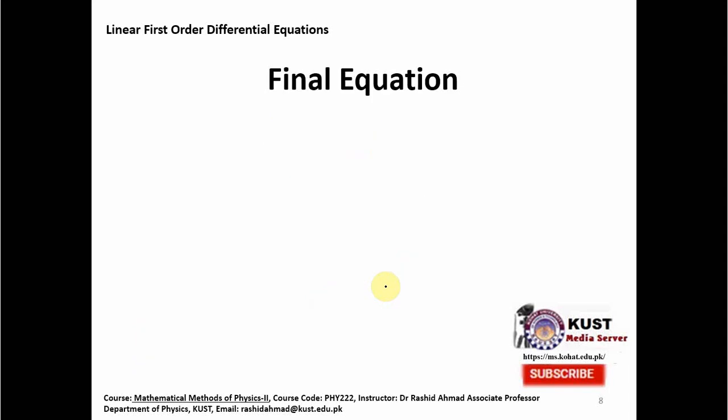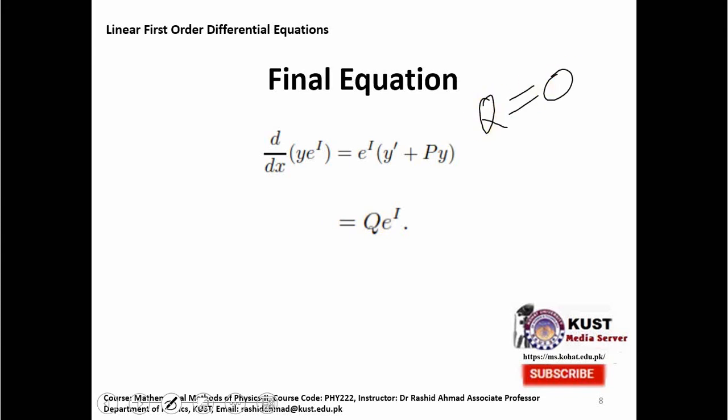Okay, so the final equation which results from this differentiation is of the form q into e raised to power I. So let's call it q, because this is now the general case, because till now we have done the case when q was equal to 0, but this is the case when q is not equal to 0.